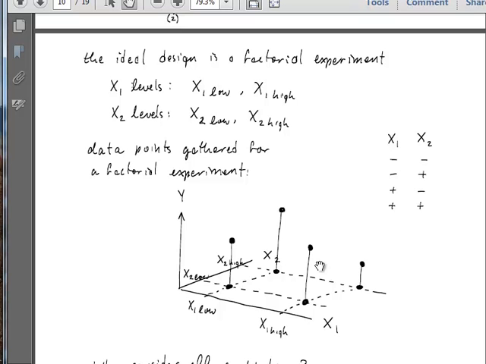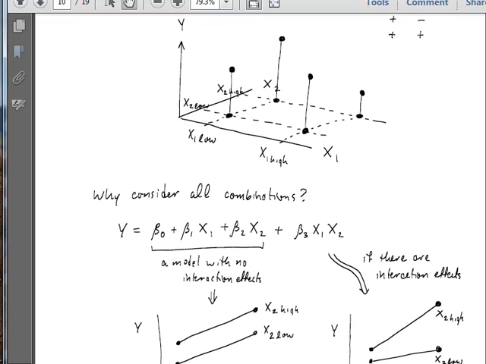So you can see in this particular example that there's an interaction between x1 and x2 in the response of y, right? So if I tried to put a plane through these 4 data points, it just wouldn't fit through those, right? So we need to include in our regression model an interaction term between these two.